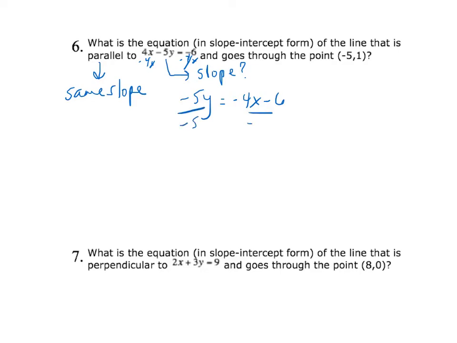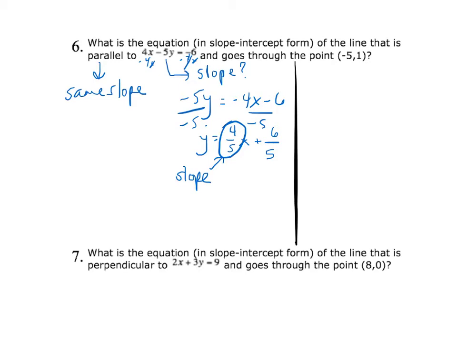Divide by negative 5. We have y equals 4/5 x plus 6/5. So the slope is 4/5, and that's what we're going to use to figure out our line.